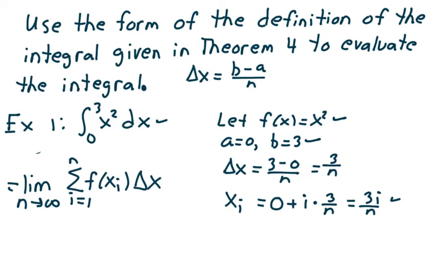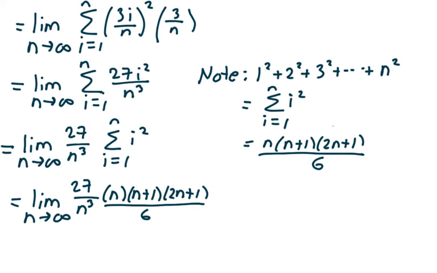And I'm going to basically take that information and plug it in. So we're looking at the limit as n goes to infinity of the summation from i equals 1 to n of f of x sub i delta x. So remember that x sub i is 3i over n.